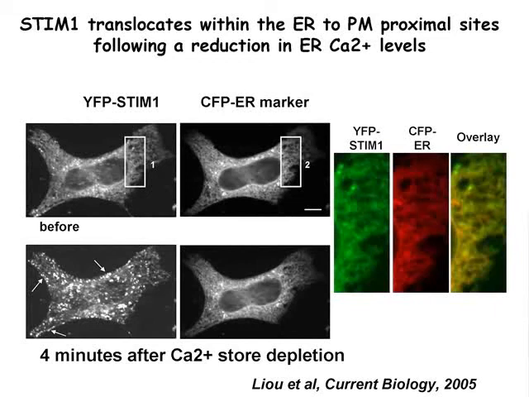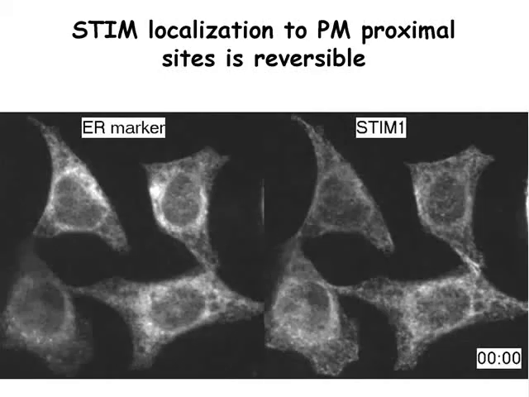When we expressed it, it was co-localized with the ER, and upon stimulation by thapsigargin, which releases calcium in an artificial way from the ER, or by using receptor stimuli, we could see these puncta form near the plasma membrane. So this puncta formation was, we believed, a mechanism that would help us understand what is going on here.